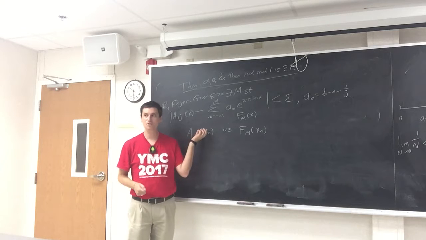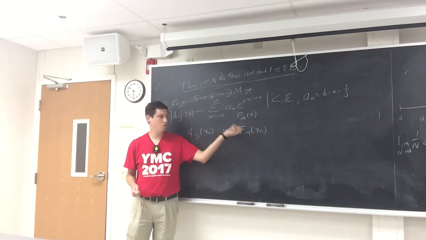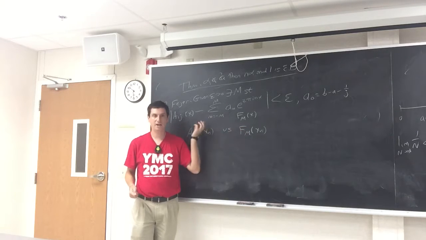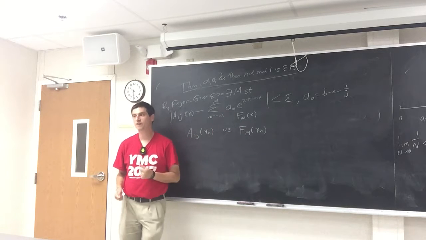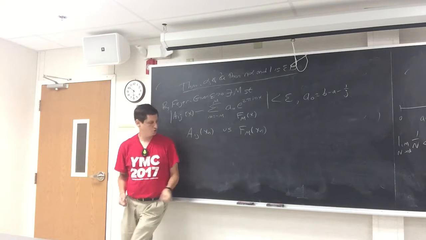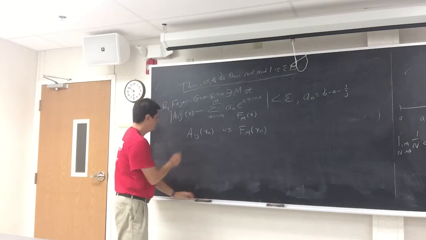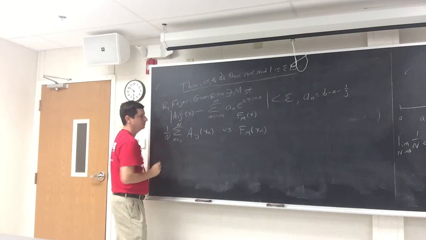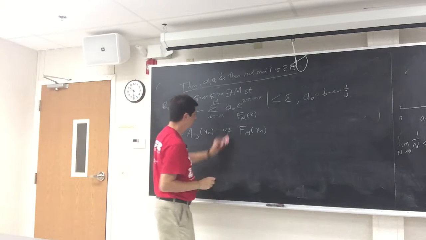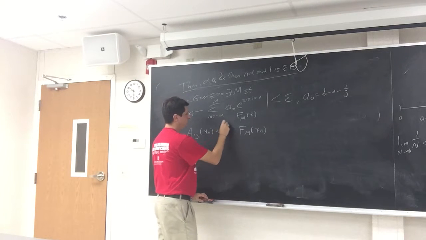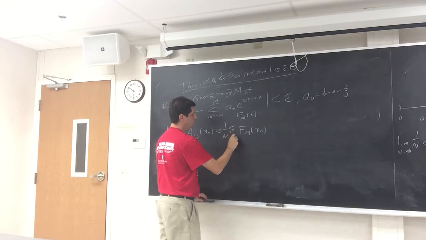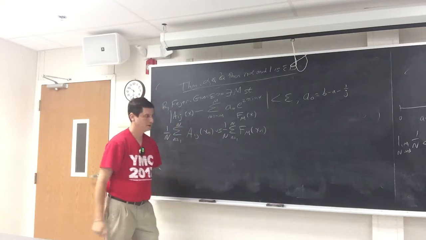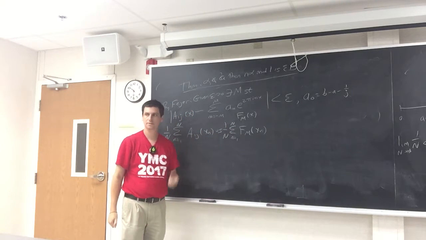So if I add up a bunch of these, the most they can differ from this, if I had 5 of these, it can differ by at most 5 epsilon. So if I look at the sum, n goes from 1 to n and 1 over n, versus 1 over n, the sum n goes from 1 to n, how much could these two differ by?